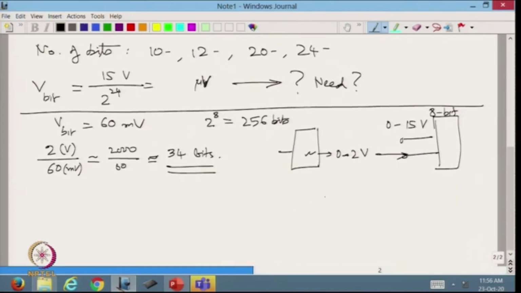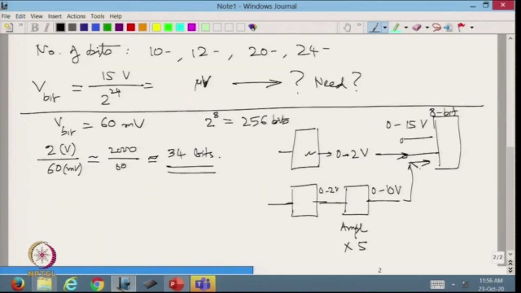So, what could we do? We could say, well, yes, my instrument is still giving 0 to 2 volts, but now I will multiply it and amplify it, say I amplify it by a factor of 5. So, the output signal is now 0 to 10 volts, and this now goes into the A to D converter.